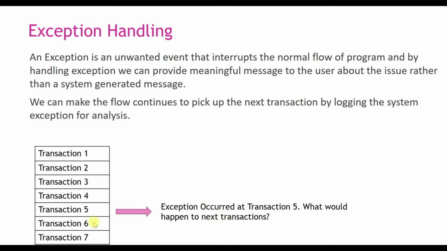What would happen to the 6th and 7th transactions? The bot must not stop at transaction number 5. It must pick up the 6th and 7th transactions and then complete the process. This is a very important step of exception handling, and we can even say the success of your project is also based on how efficiently exception is handled in your project.